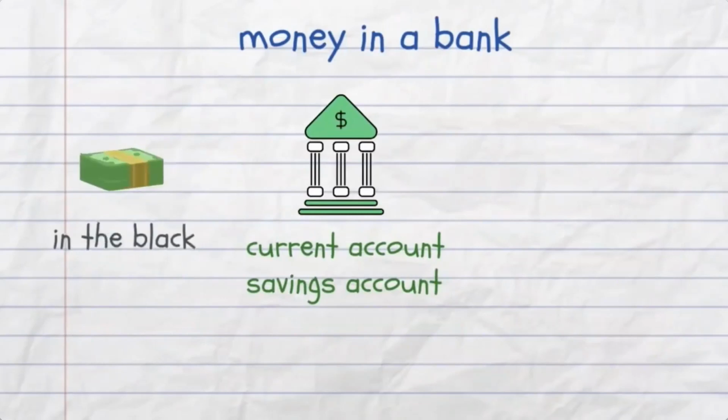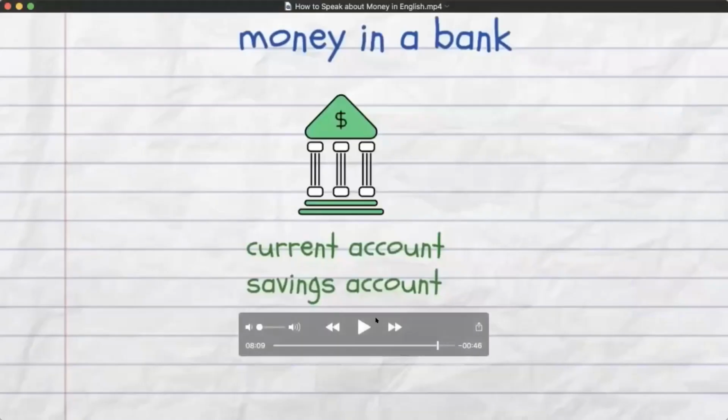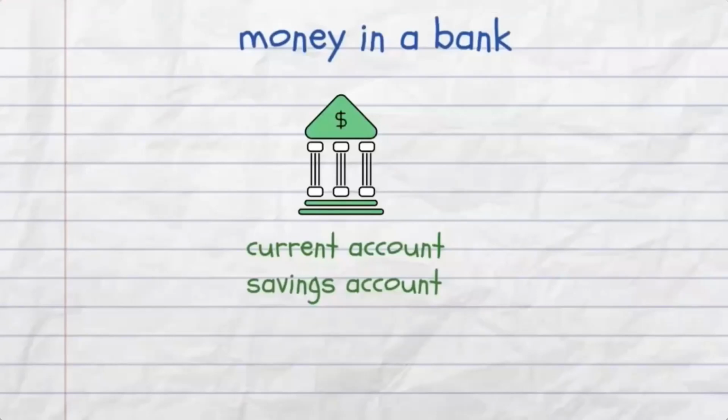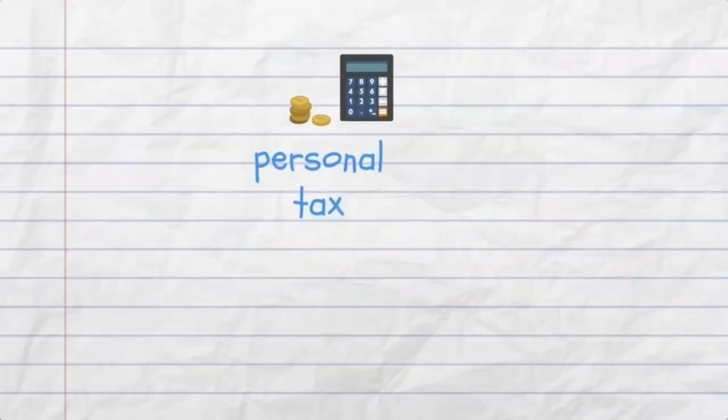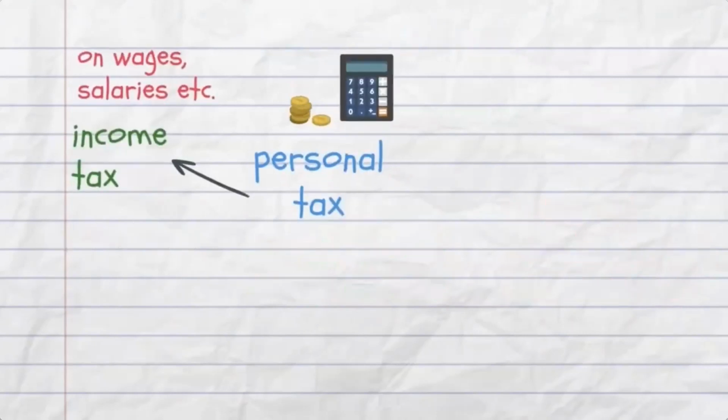You can deposit your money in a current account or a savings account, and if the account is in the black, there is money on it, and if it is in the red, there isn't, or the account is overdrawn, you can say there is an overdraft.